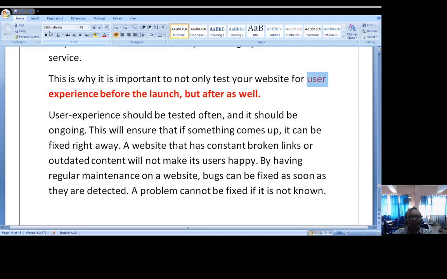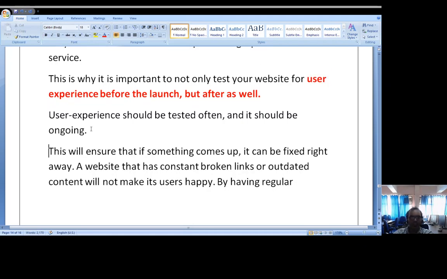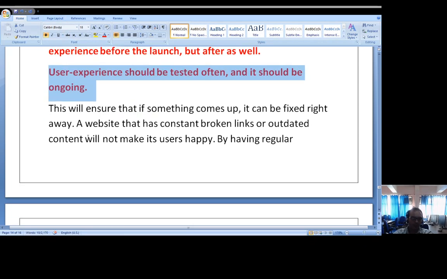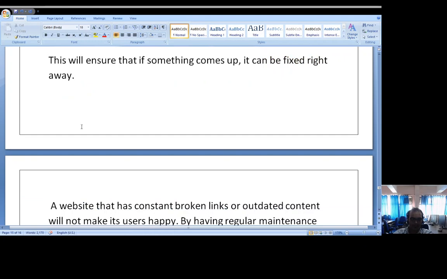Because users are very important to us. User experience should often be tested and it should be ongoing. There must be something we always come up with to fix the thing in the right way.